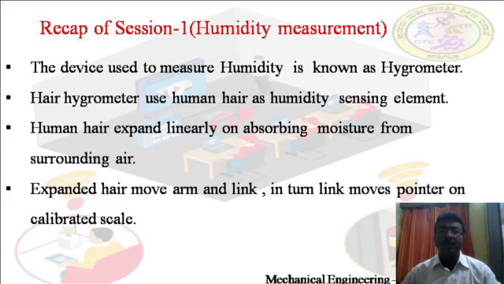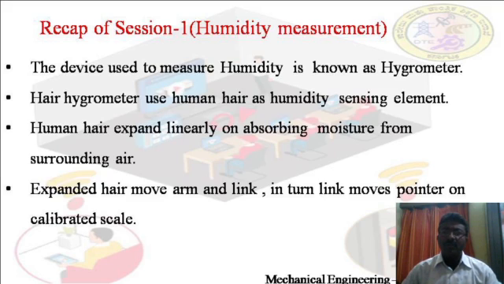There are different types of hygrometers. They are psychrometer, electrical hygrometer, dew point hygrometer, and hair hygrometer.